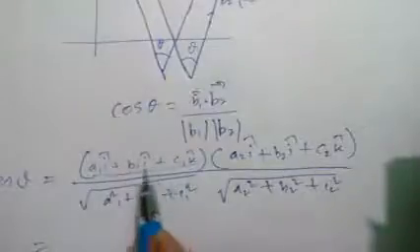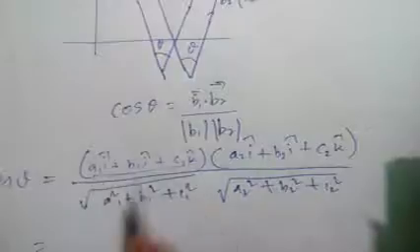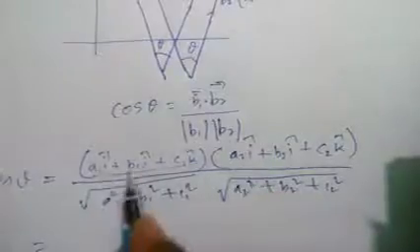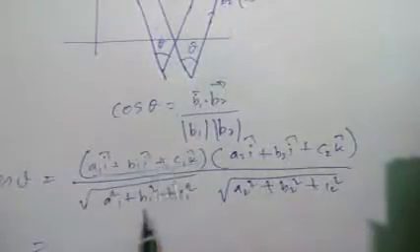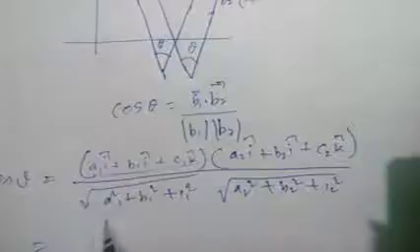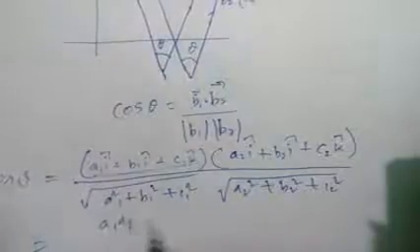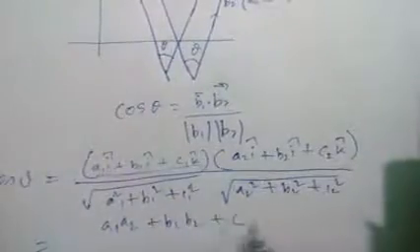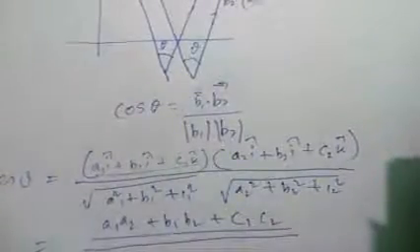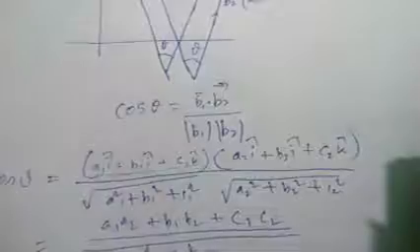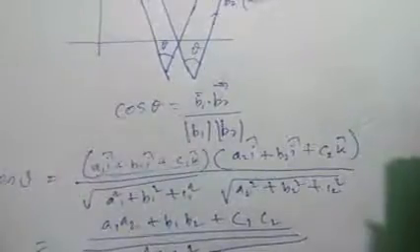In the vector scalar product, in analytical form, I have shown you that if I multiply, i into i is i square, and i square value is 1, and i into j is 0, j into k is 0, i j is 0, k i is 0. So all will be 0, and only a1 a2 plus b1 b2 plus c1 c2 is left, divided by under root of a1 square plus b1 square plus c1 square into under root of a2 square plus b2 square plus c2 square.